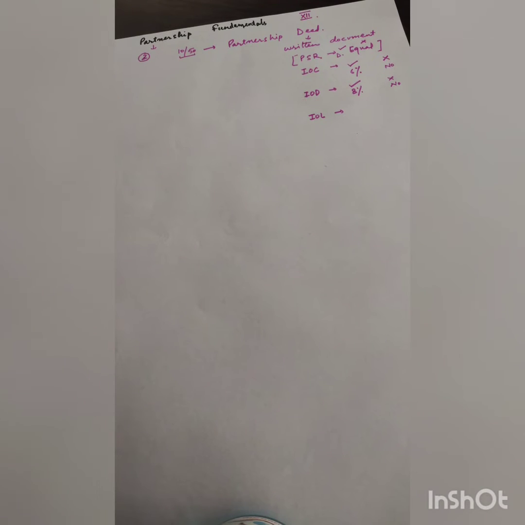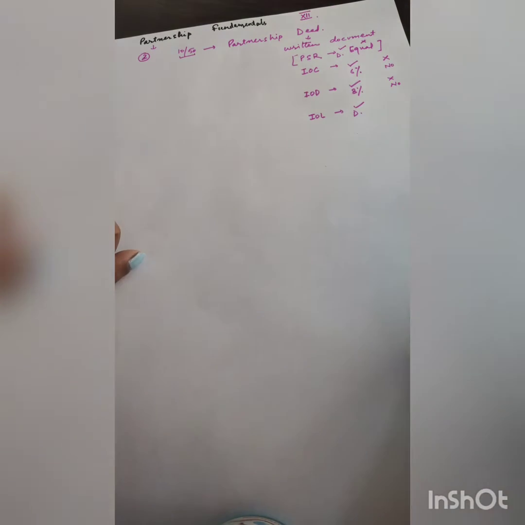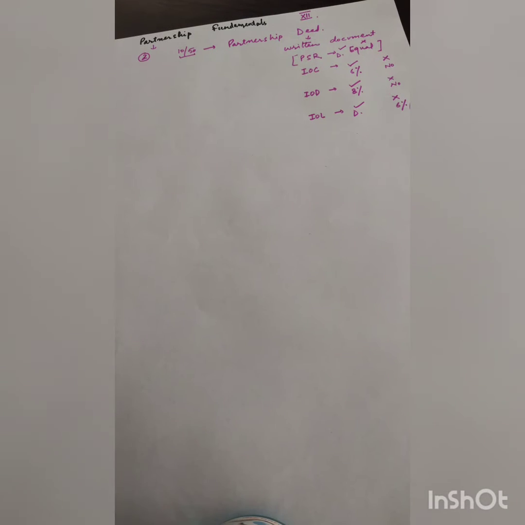This is an interesting fact: there is no interest on capital and no interest on drawings without a deed, but there is interest on loan even if there is no deed. If there is a deed, then the decided rate is used. But if there is no deed, then the rate of 6% per annum shall be used. That means if a partner has given some loan to the firm, he will get interest at the rate of 6% on that specific loan.